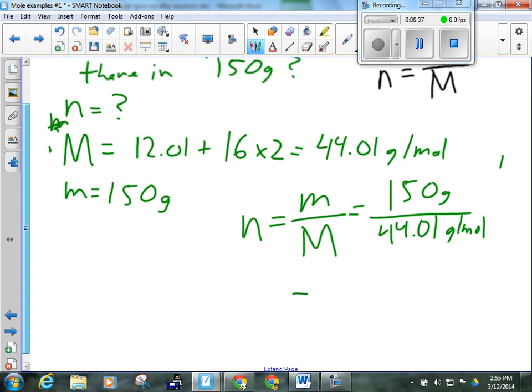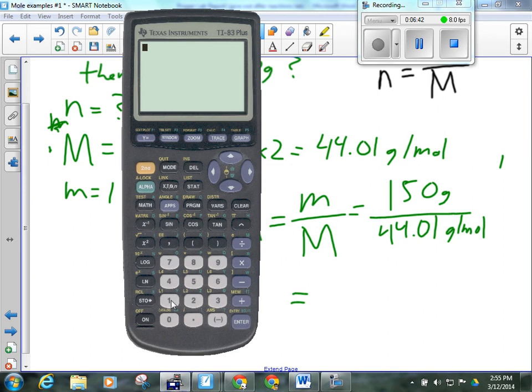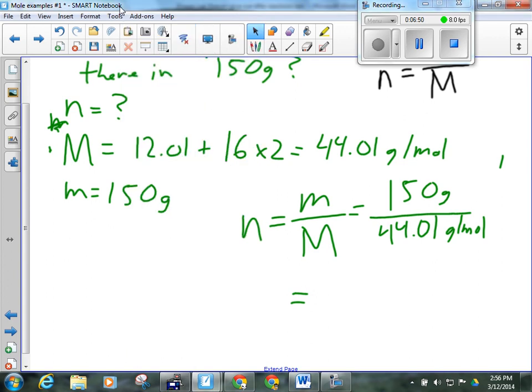When I do that, I'll get my final answer. So that means I have 3.41 moles of carbon dioxide, to the nearest hundredth, or 2 decimal places. That's as easy as they come.